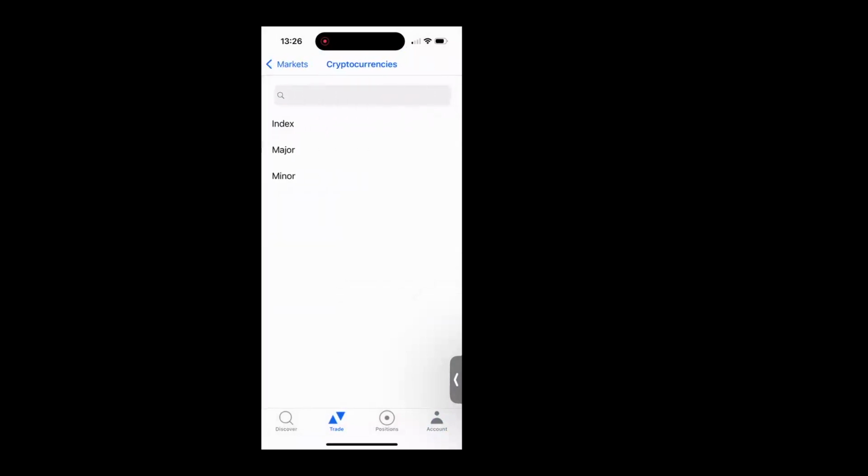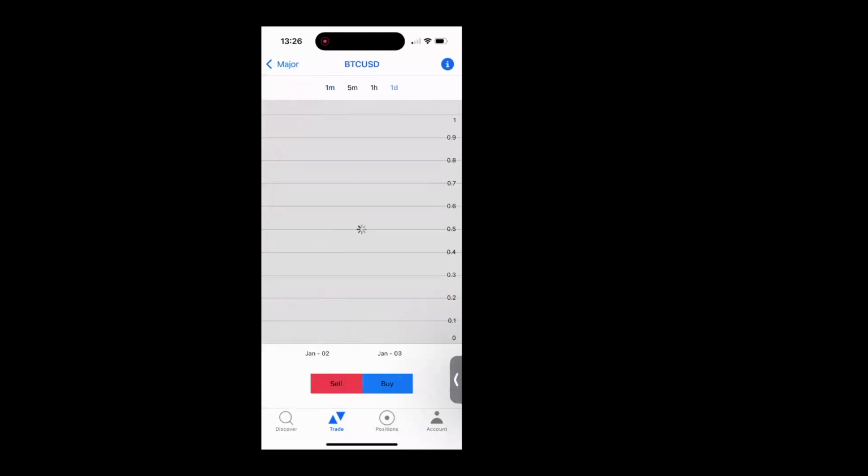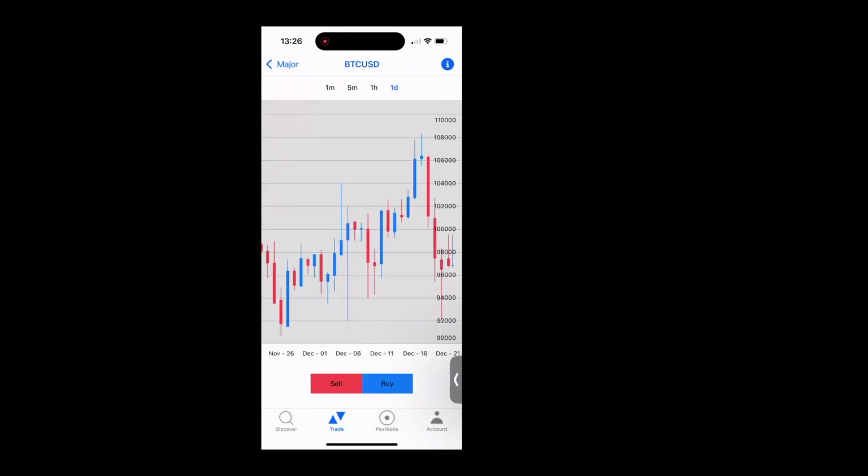I think I'm going to trade some crypto, mainly because it's a weekend, and so some of the FX markets might be closed. I'm not sure, but crypto should be open right now. I'm going to click Bitcoin USD. You can see here I've got these charts, and I'm able to do my own manual trading here in the app.